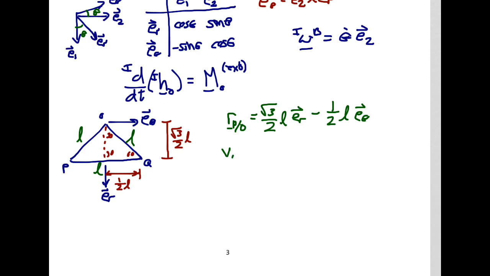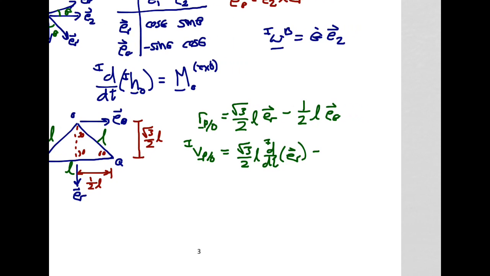To get the velocity of P with respect to O as observed in the inertial reference frame, we're going to take the time derivative of this. So we have the constant square root of 3 over 2 L, and then it's the time derivative of E_r, and then minus 1/2 L times the time derivative in the inertial reference frame of E_theta.